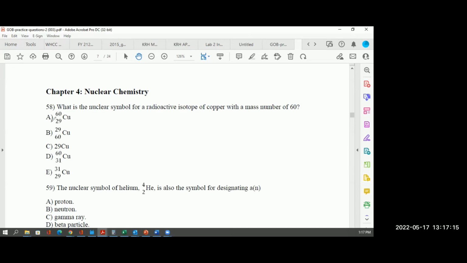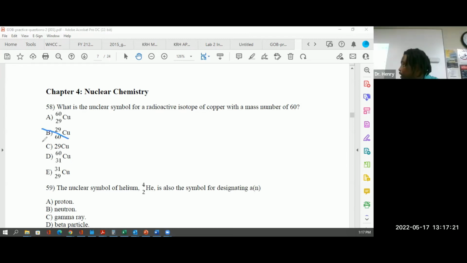Atomic number. What is the atomic number for copper? 29. So we know we can get rid of B, C, and D.